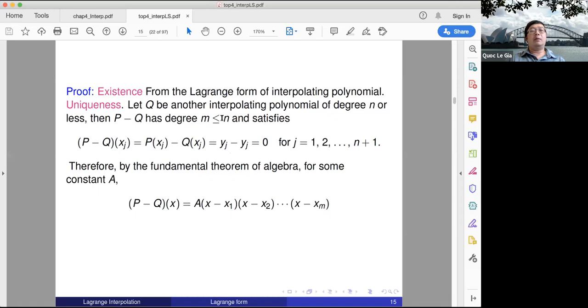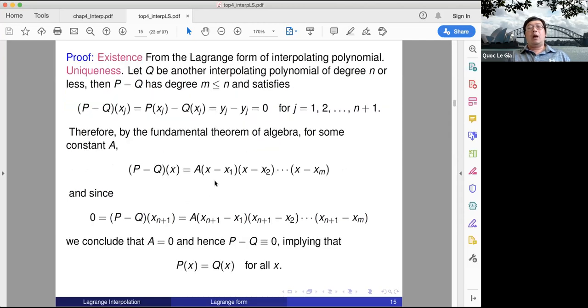Remember the quadratic, you write a product of two roots only. So now with degree m, you can write a product of m linear terms. And remember m is less than or equal to n.